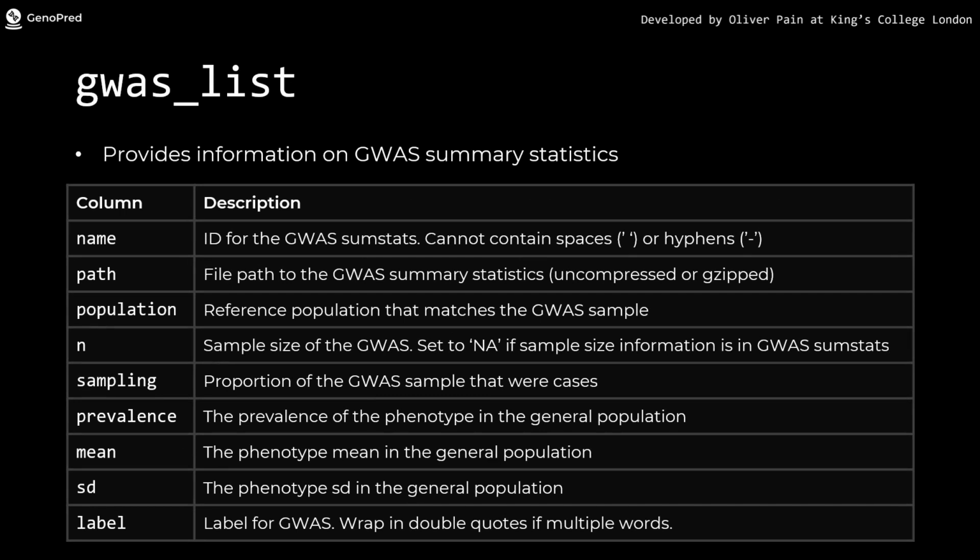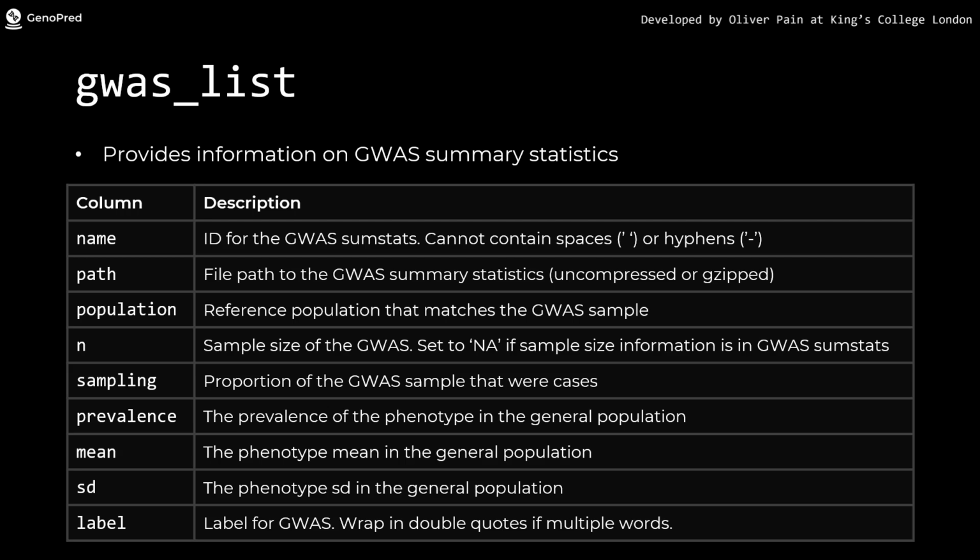Okay, so let's talk about the GWAS list. It's a whitespace delimited file that has 9 columns and a row for each GWAS. I'll briefly describe these columns. So first, name simply indicates what ID should be used to identify the GWAS. Then path specifies the GWAS sum stats file path.